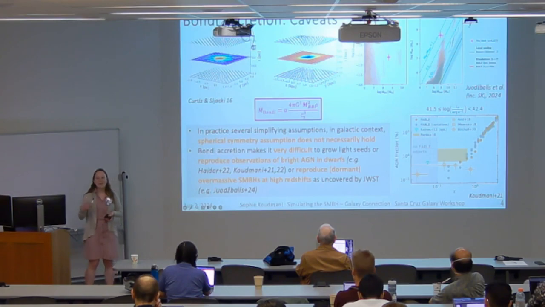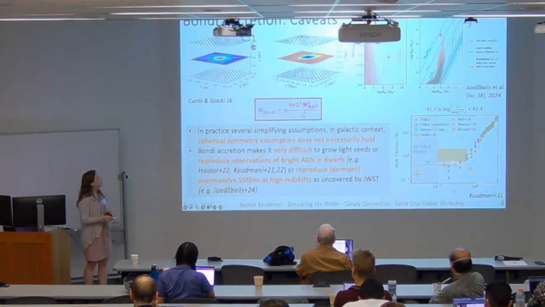And this links back very nicely to Colin's talk that we just listened to, because there are already some deep X-ray surveys that allow you to constrain the AGN fraction in dwarf galaxies. So you have the AGN fraction from observation plotted here in yellow as a function of redshift.